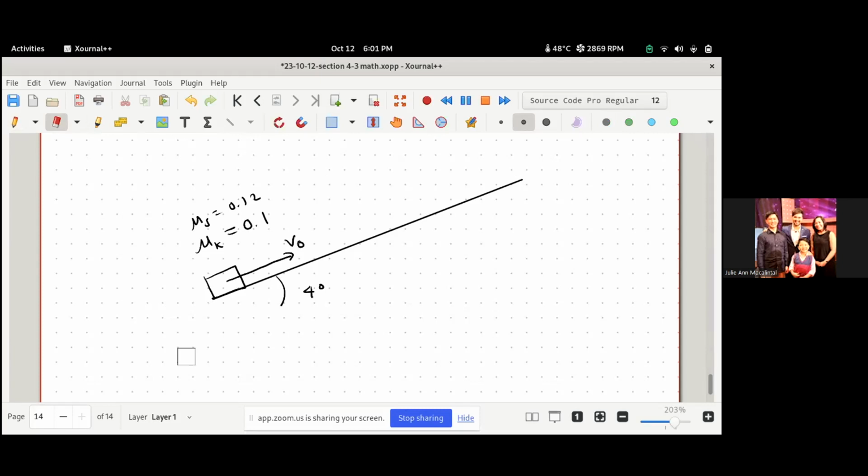What do you expect will happen? As it's going up, ano yung forces? As it's going up po, may friction going downwards along the plane, tapos may kinetic friction and gravity and normal force. Okay, so and then normal force.